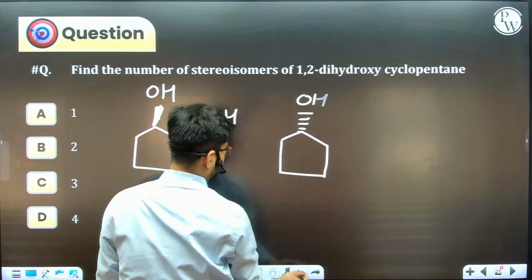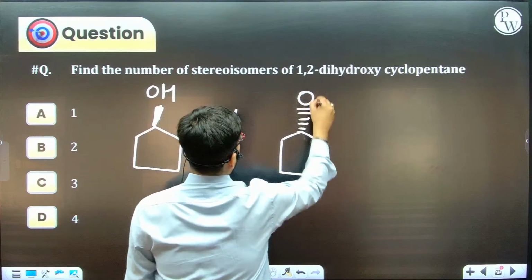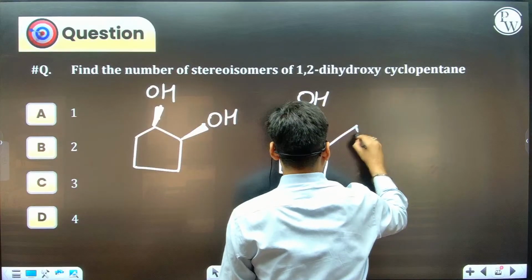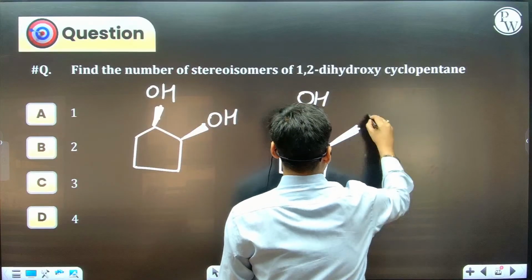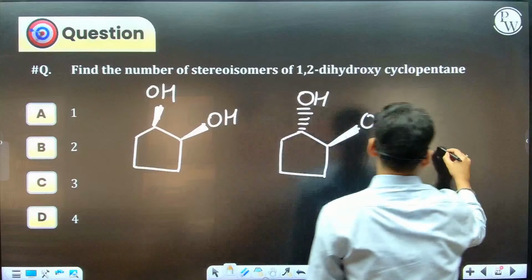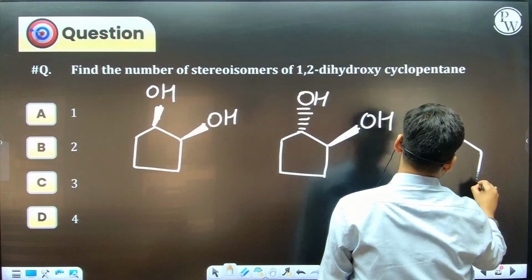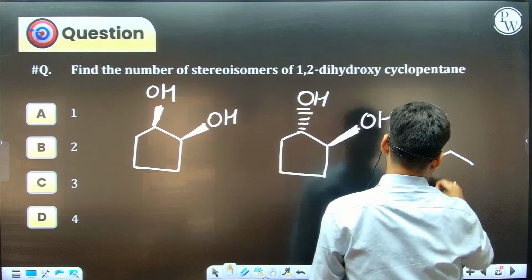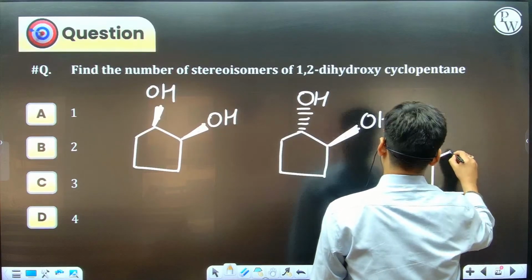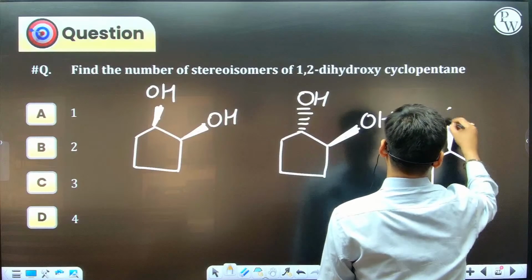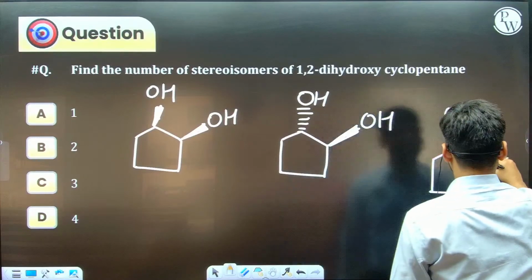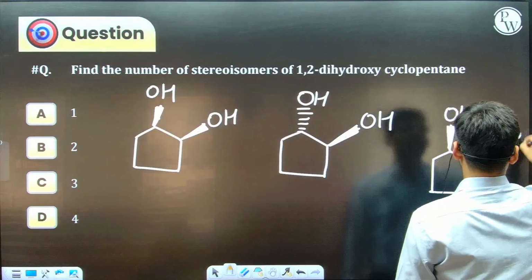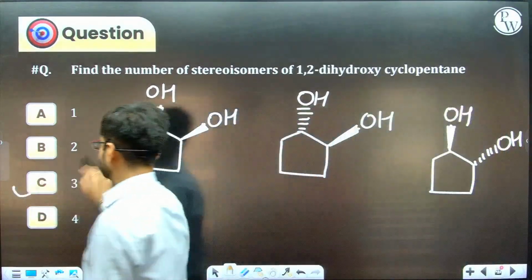If this OH is on dash and this OH is on wedge, this is the other stereoisomer. And here, if I am putting this OH on wedge and this OH on dash, these are the three stereoisomers.